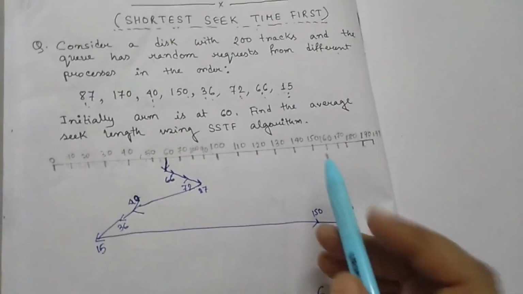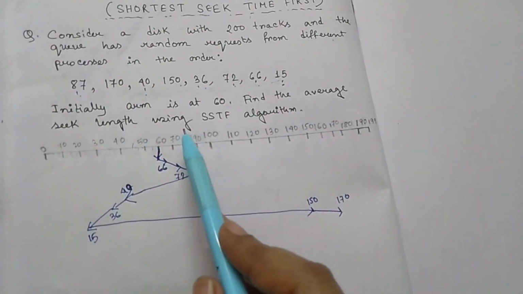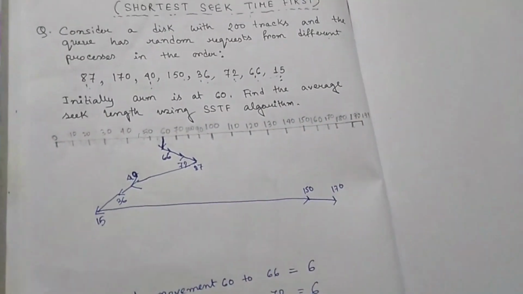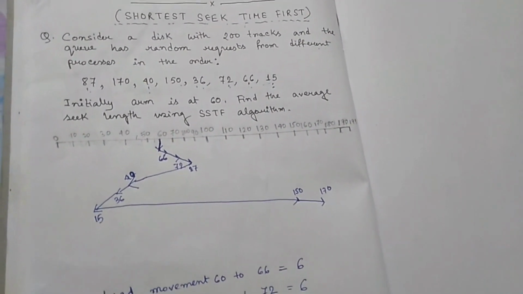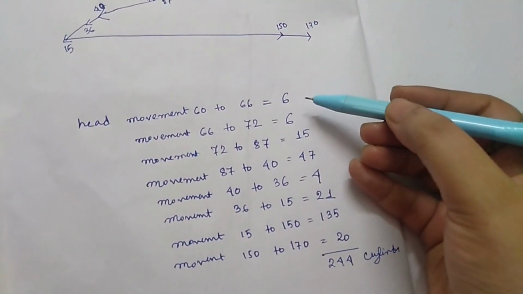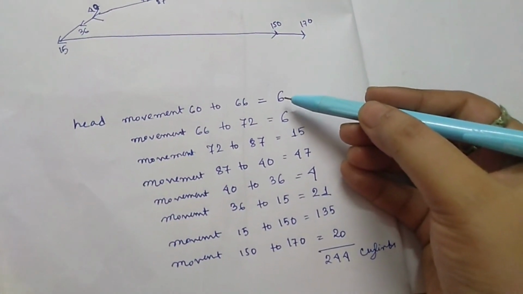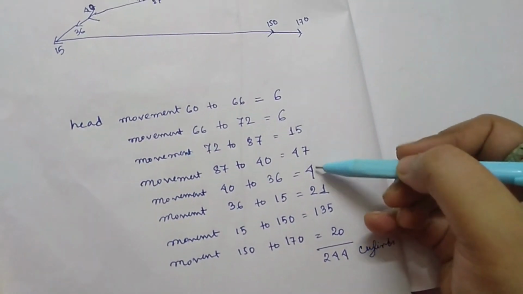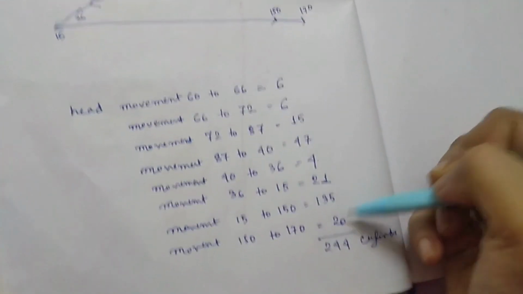Now in this question we calculate the average seek length using the SSTF algorithm. When we calculate the average seek length, we have to count the movements, that is 1, 2, 3, 4, 5, 6, 7, 8.